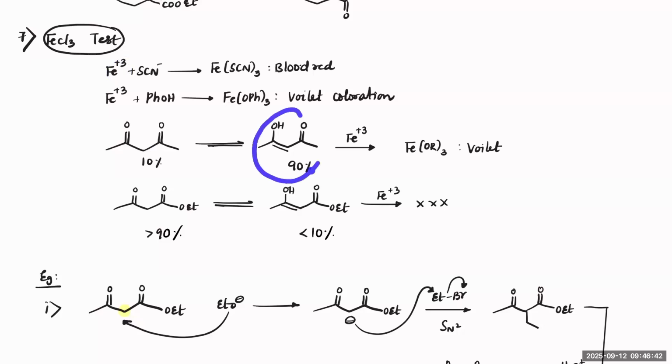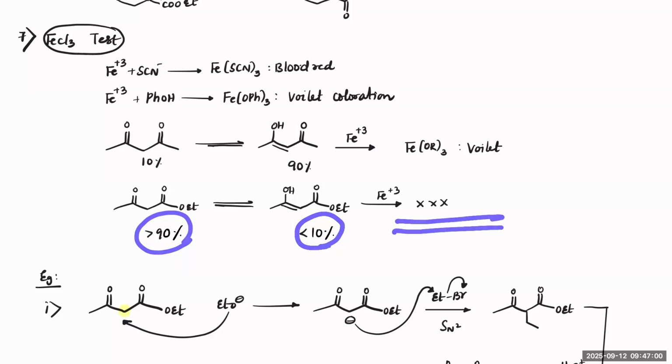So this is around 90%. So Fe plus 3 will respond and convert into a violet coloration. But since beta keto ester's major content is keto form and hardly any enol form, that's why it does not respond to the Fe plus 3 test. Clear, beta?